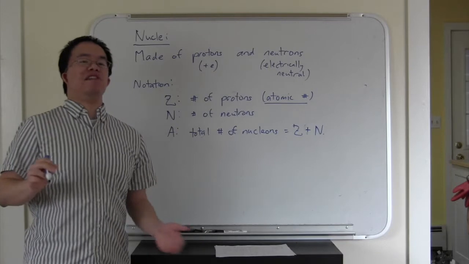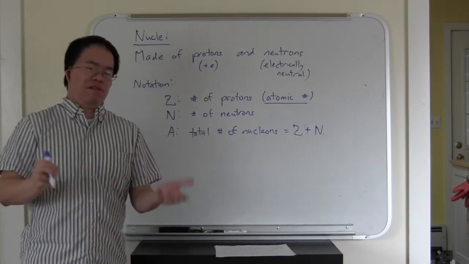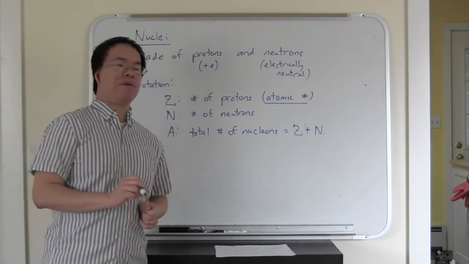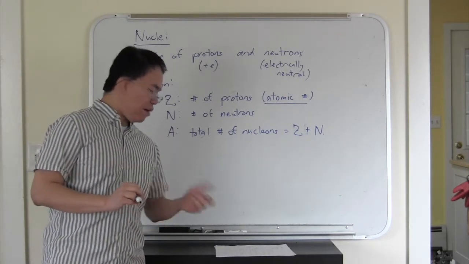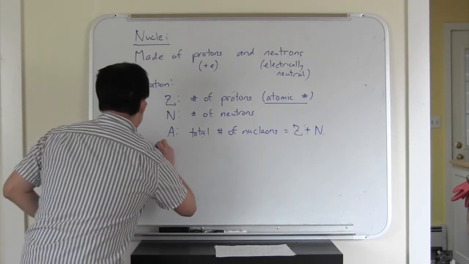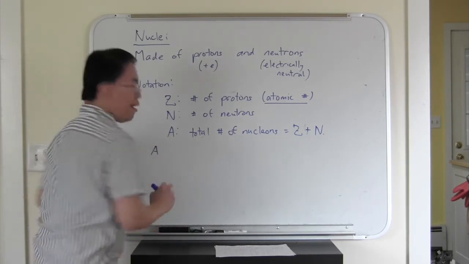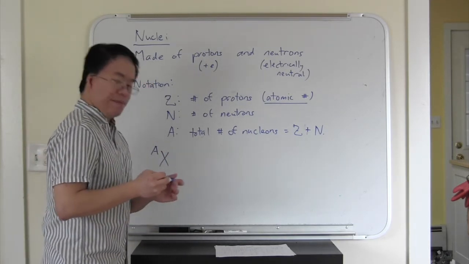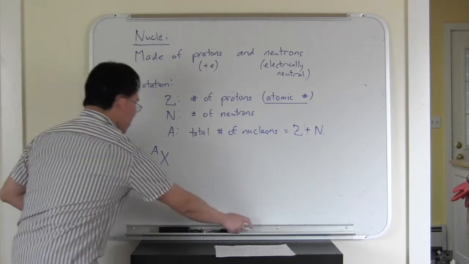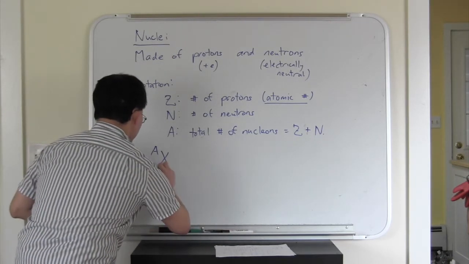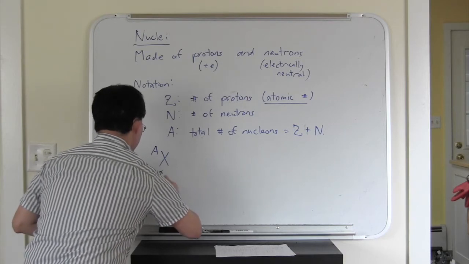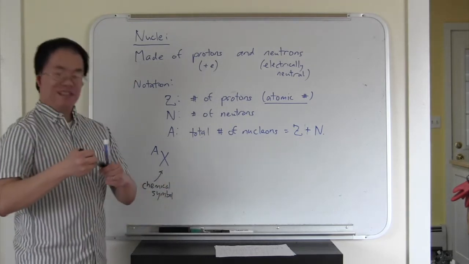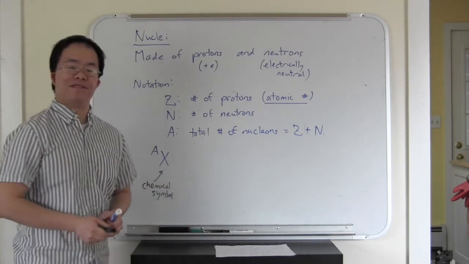Where you see this notation is in writing out the symbols for various nuclei. So, to take an example, for a given nucleus, one might write something like A and then X here, where X is the chemical symbol. That is the symbol one would see if you looked up a periodic table of the elements.